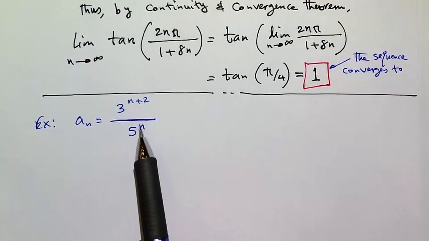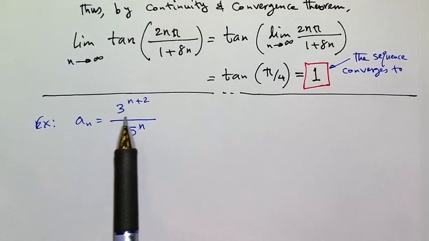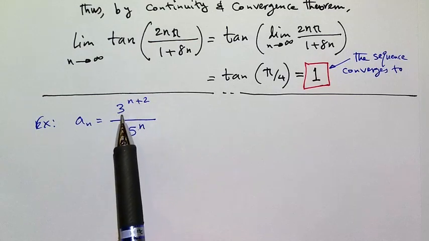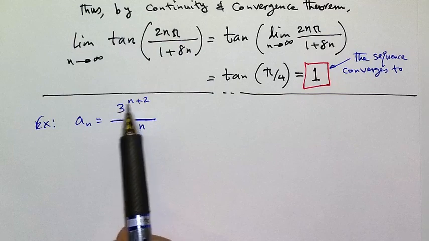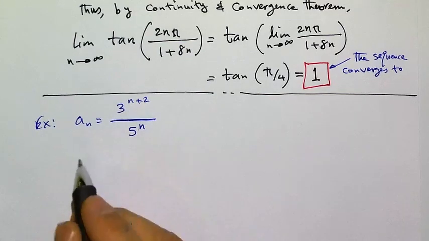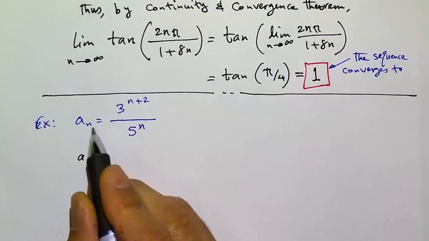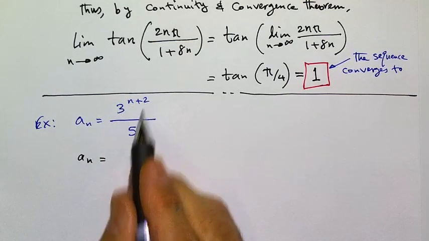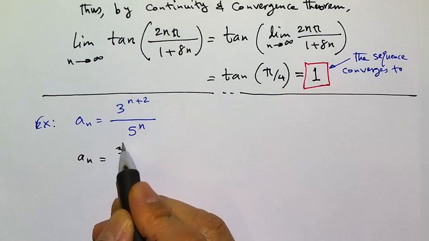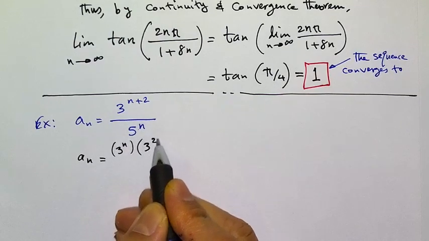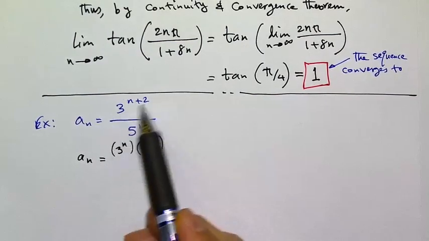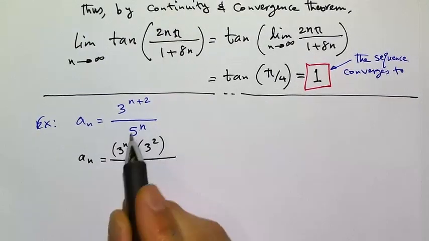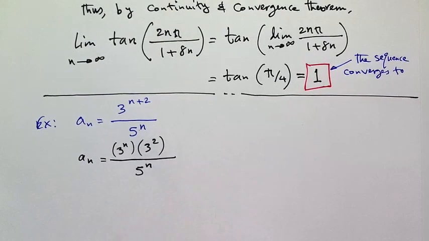So I want to begin by first separating the constant part of this sequence from the non-constant part of it. So I will say a sub n, we have 3 to n power times 3 squared, right? We can decompose this or break this up into this over 5 to n power.